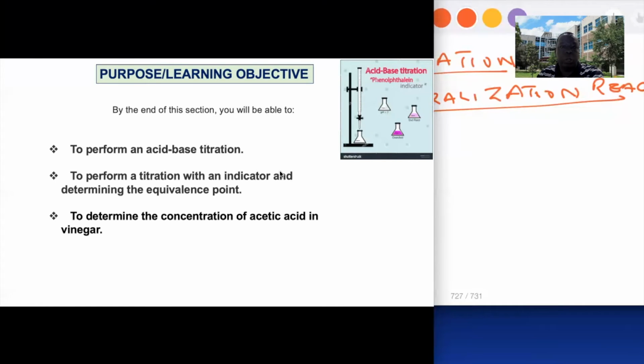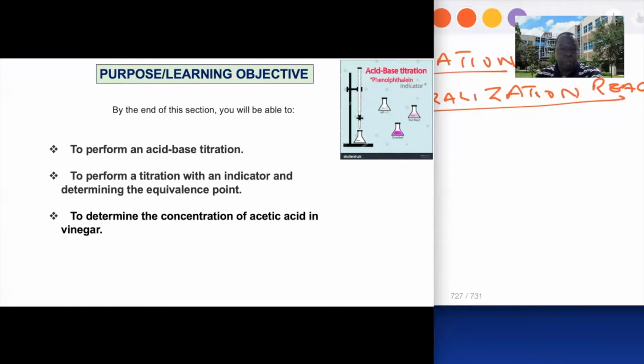So we use what we call a primary standard. In this case, potassium hydrogen phthalate, or simply KHP, is used to standardize NaOH or sodium hydroxide. Once we figure out the actual molarity of sodium hydroxide, we will use it in section 4.4 to determine the concentration of acetic acid in vinegar, to determine the mass percent.